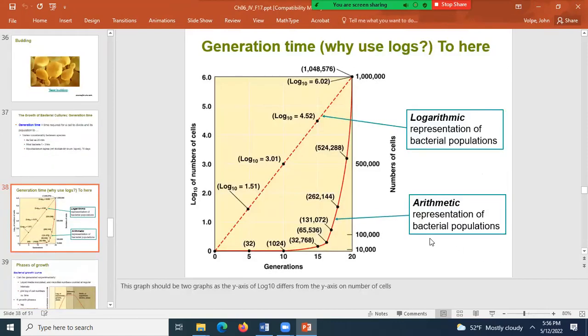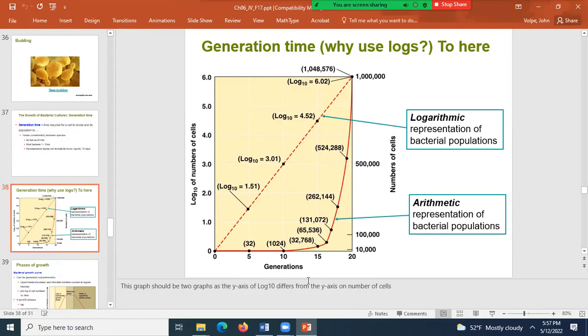When we're talking about the generation time, microbiologists like to use semi-log plots. If they were to use a regular arithmetic plot, then on the x-axis we have time, and then on the y-axis the number of cells. And if we have the number of cells in a normal arithmetic fashion, then the growth of the bacteria will be like this.